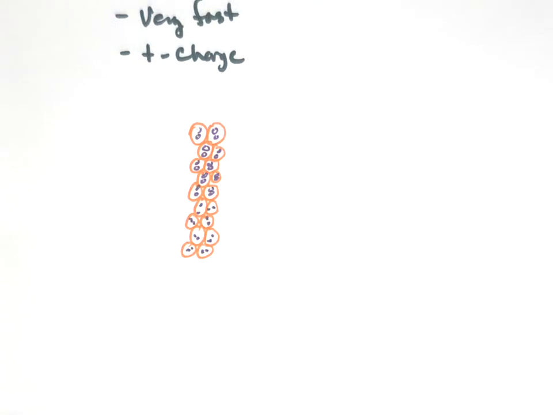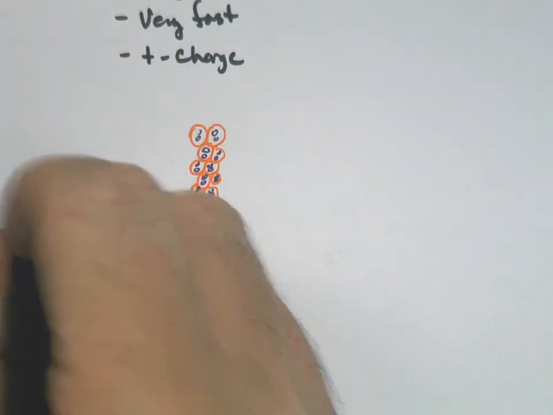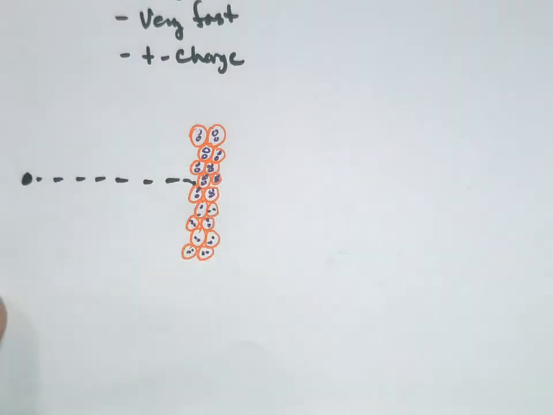Mind you, this is Rutherford dealing with the previous model of the atom. You guys follow me there? And he was shooting an alpha particle at it. It's not a laser.